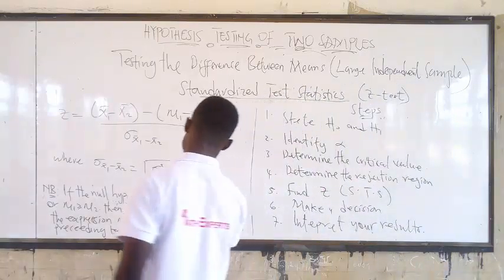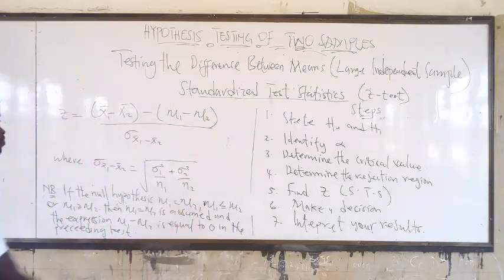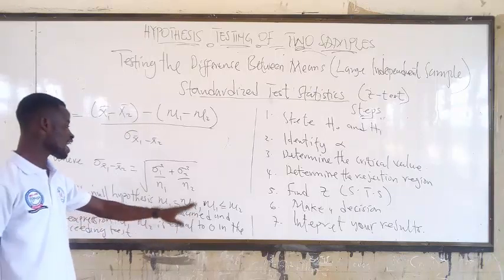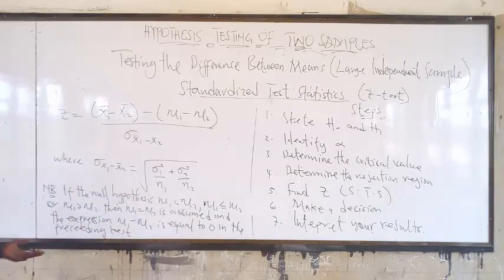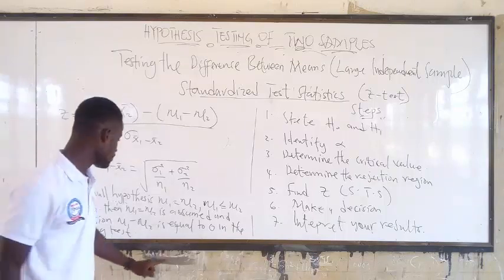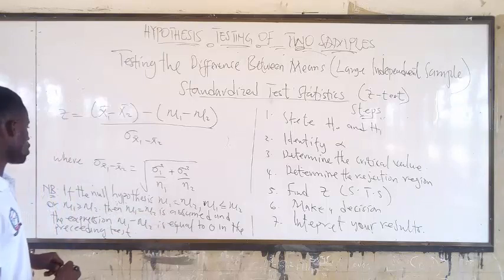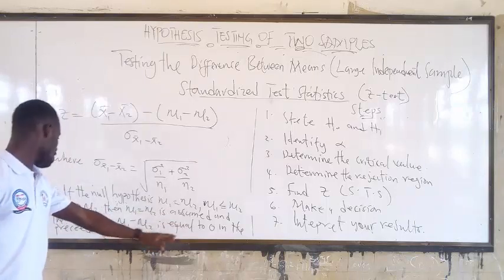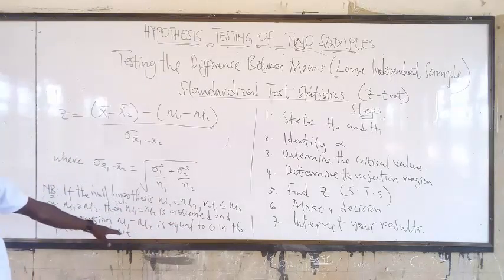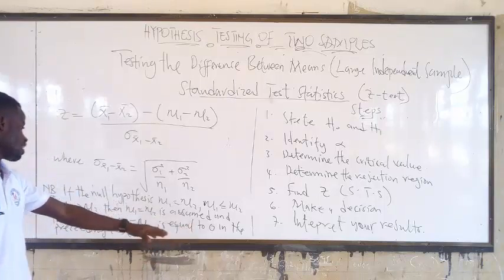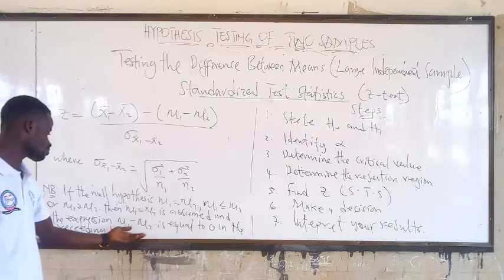If the null hypothesis is this, that, or that, then mu 1 is equal to mu 2 is assumed. This one I have told you already. Whether it is not equal to that or not equal to that, we assume the expression mu 1 minus mu 2 is equal to 0.